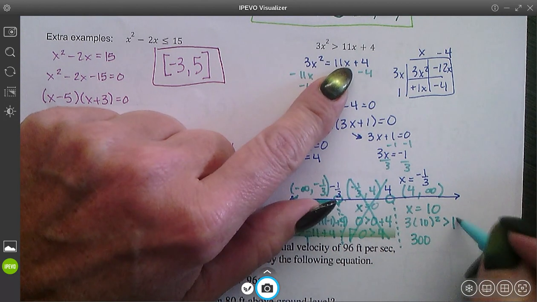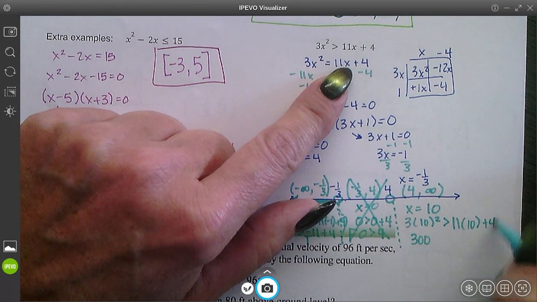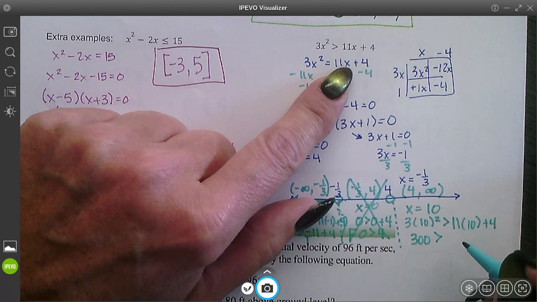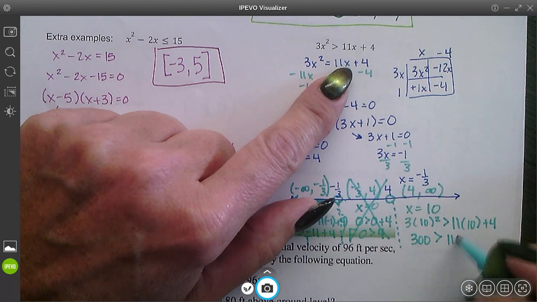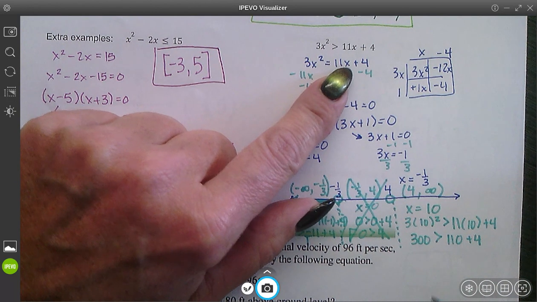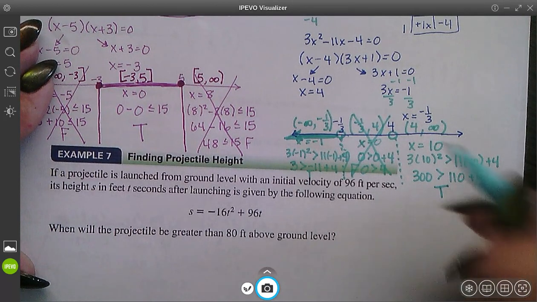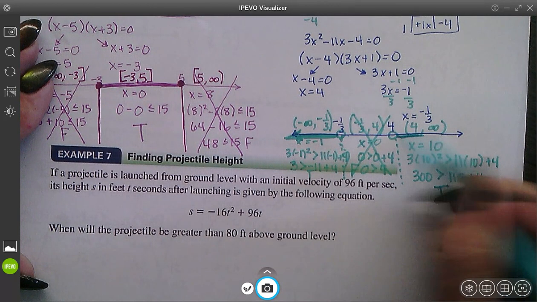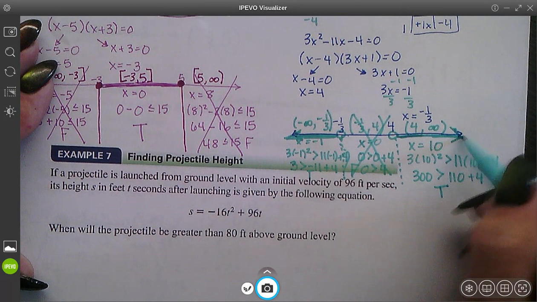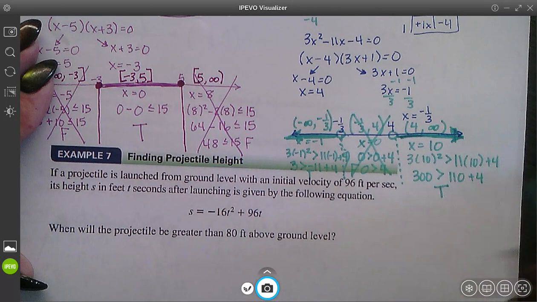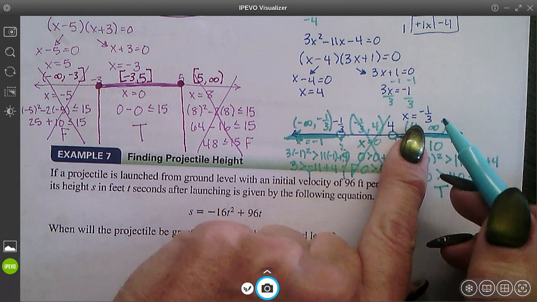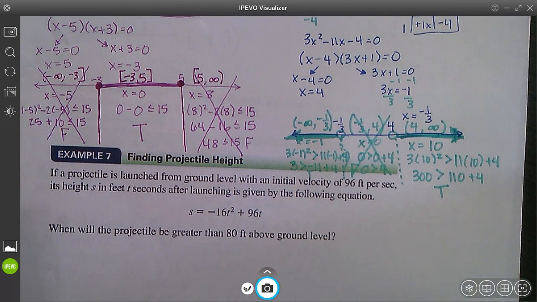Is that greater than 11 times 10 plus 4? 11 times 10 is 110, and 110 plus 4 is 114. So yes, 300 is bigger than that. So this section is a part of my solution on the number line. And then the interval that I wrote is a part of the answer as well.